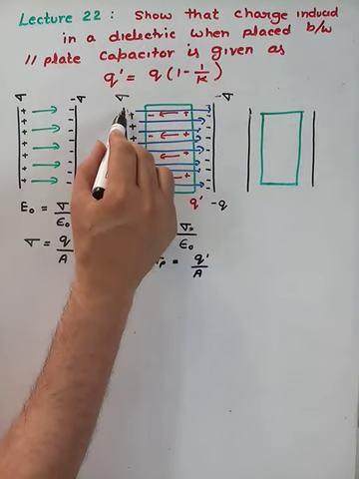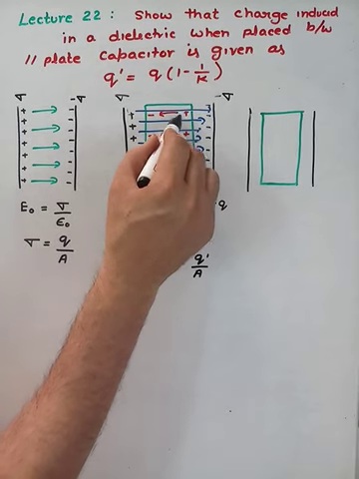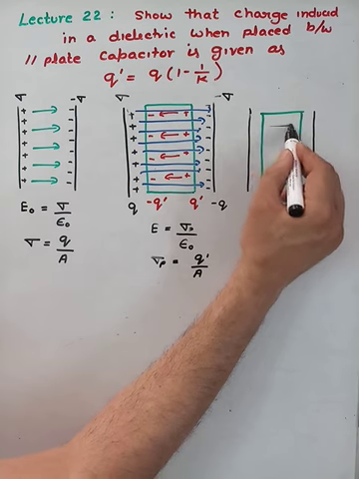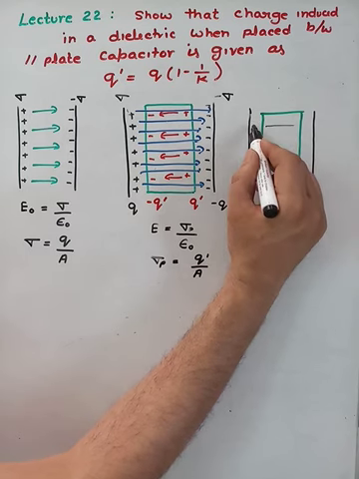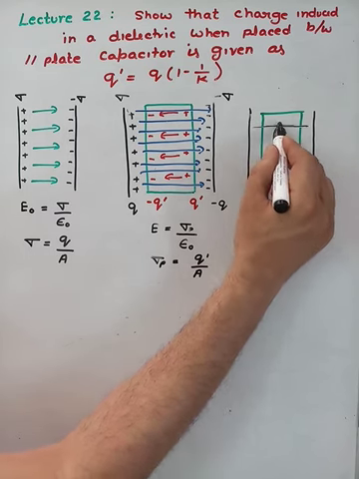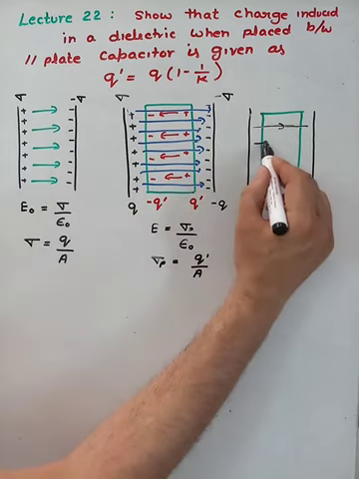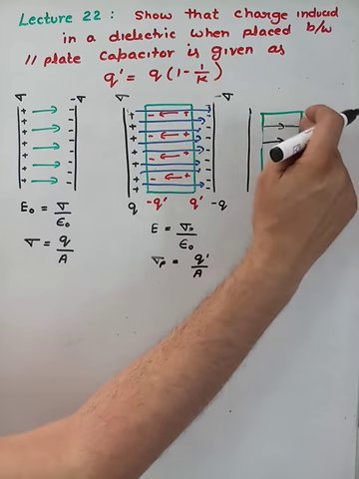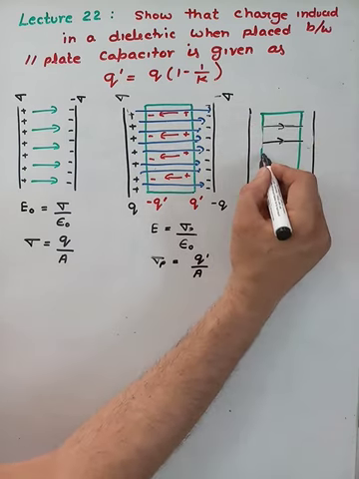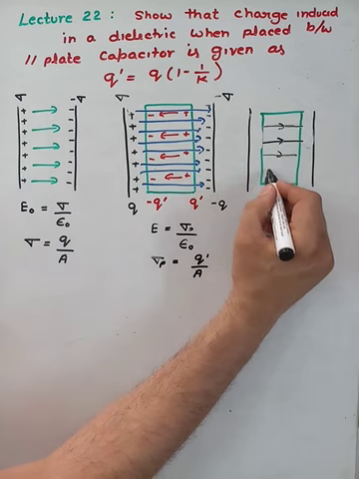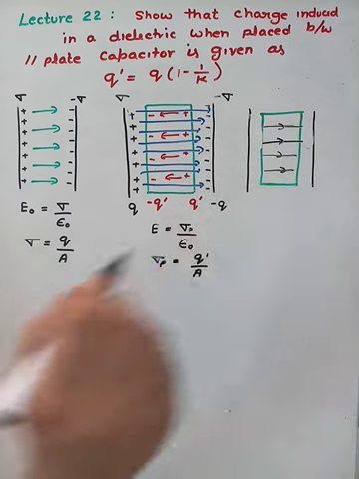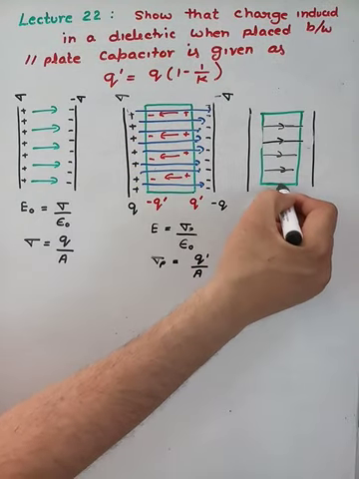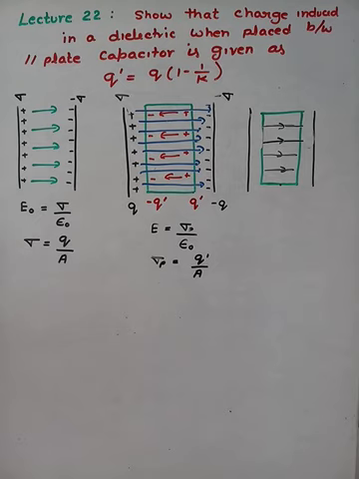This blue field is due to this plate, this red field is due to polarized charge. These two cancel out, this will be left. We can show it inside the medium like this. This is now the net field inside this dielectric, which reduces as compared to free space.